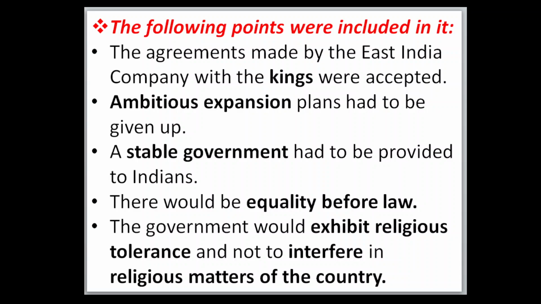Their expansion policies, the doctrine of lapse, the subsidiary alliance, the Arms Act and the Inam Commission, were all given up and stopped. A stable government had to be provided to the Indians.